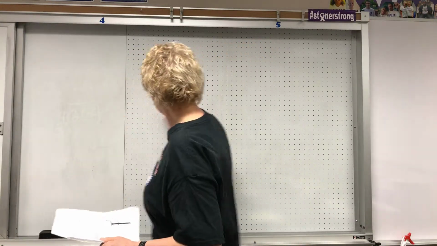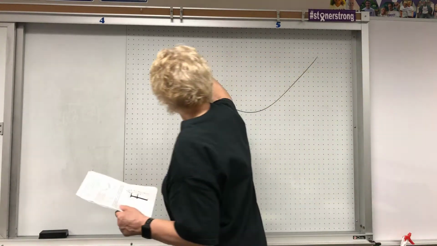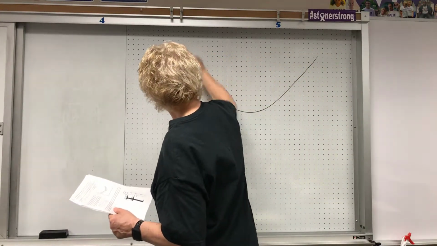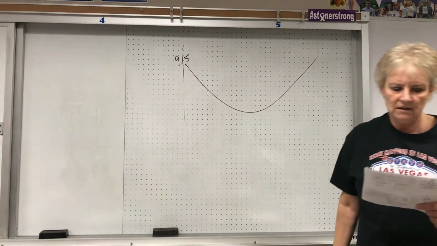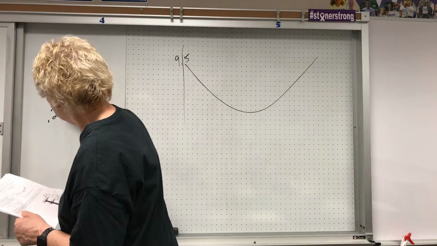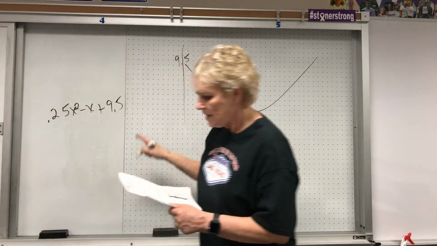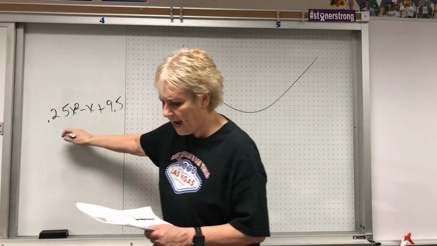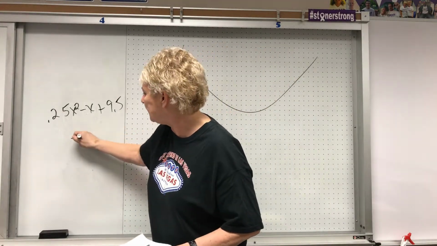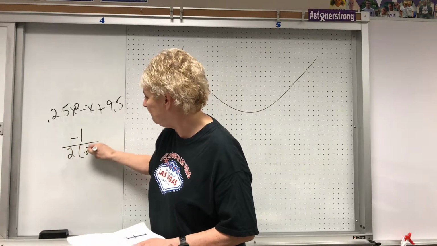All right. This is 9.5. It's your y-intercept. We have 0.25 x squared minus x plus 9.5. If you do the axis of symmetry, you get the opposite of b over 2 times 0.25.